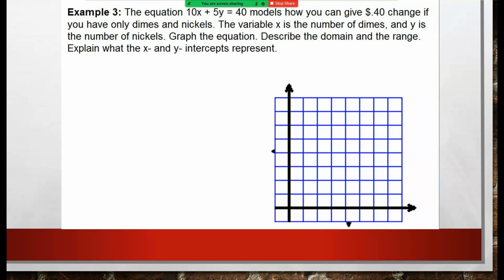So we'll start with the x-intercept, which is the point on the graph where y is equal to 0. So what we'll do to find the x-intercept is plug 0 in for y and solve for x.